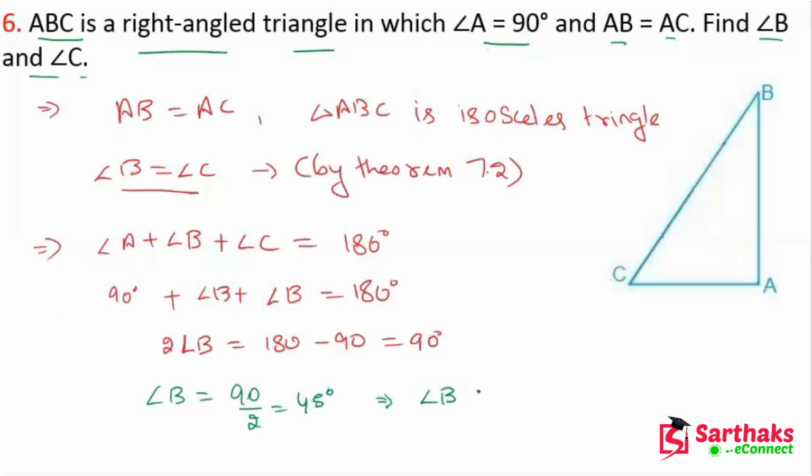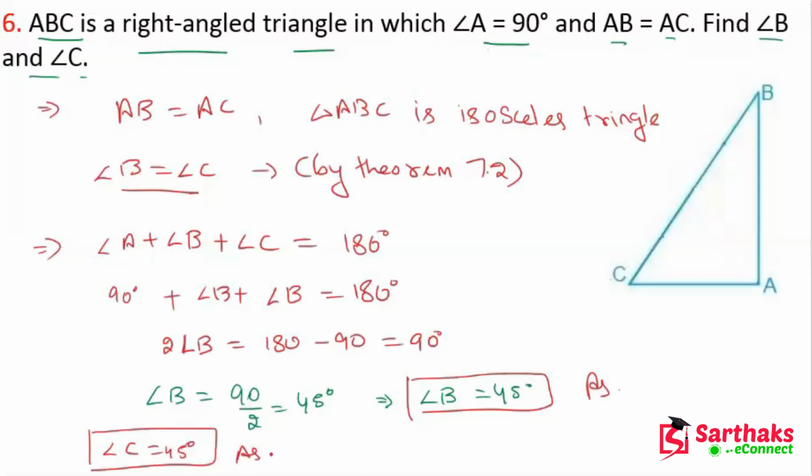So angle B is equal to 45 degrees. This is the correct answer. If angle B is equal to 45 degrees, then angle C is also equal to 45 degrees. This is the correct answer. I hope you understand these things, my dear friends.